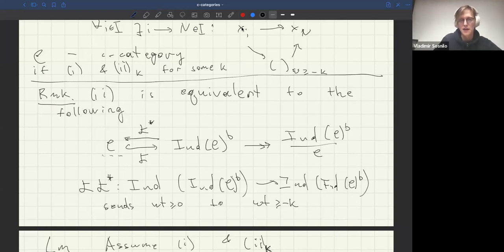We want to say that this is our C1. And this is, by definition, also a C category for a smaller level, level k minus 1. And so we can repeat this process until we reach level 0 or level minus 1, if you like, where you get the weight structure. So you sort of induct on this sequence.